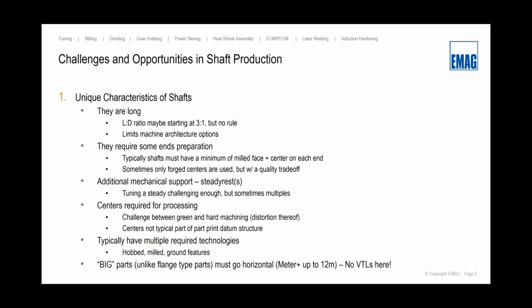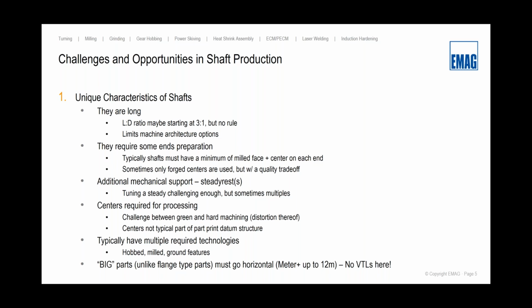Different technologies on shafts. No doubt this is kind of where we definitely do run into overlap with flange parts, whether we're adding a hobbed feature onto the component, doing additional milling, perhaps hardening the component. Those things do overlap, but let's address some of the technologies with shafts specifically.